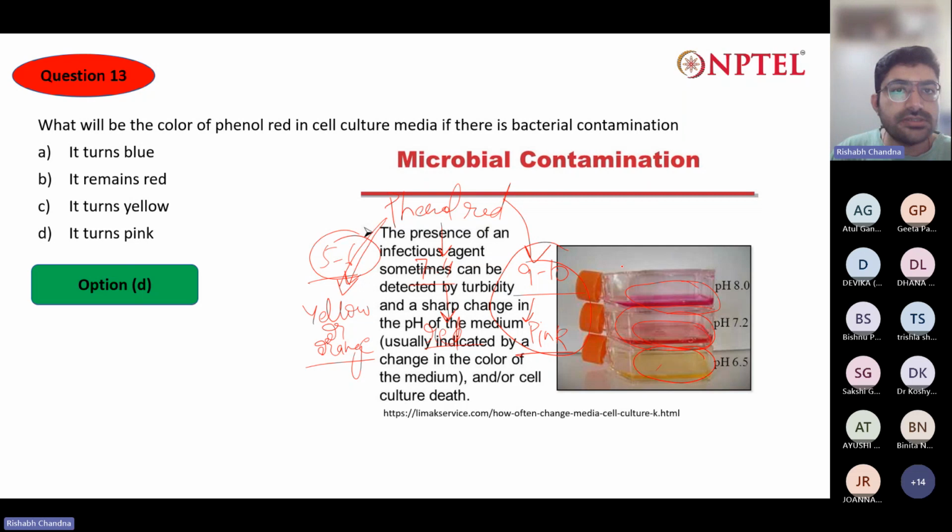So any doubts in this question? Sir, how does the contamination make the media alkaline, sir? Okay. So I think in the next weeks we'll discuss more about the culture media, and then it's better to explain those things better, because there are certain technical things involved and other components of the media are also involved in that process.